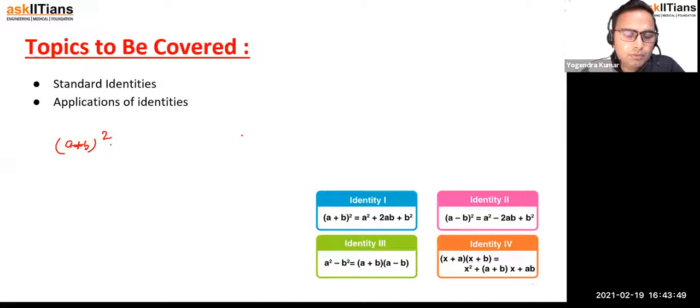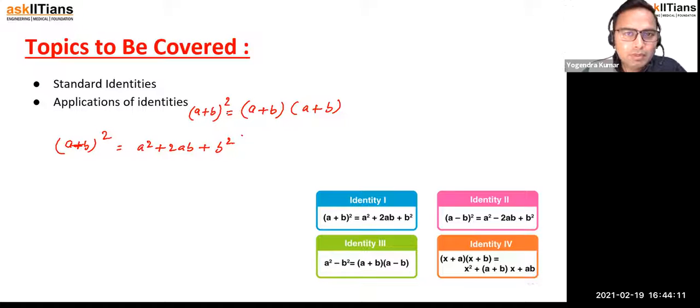A plus b whole square is what? A square plus 2ab plus b square. Now, how does it come? We have seen in the last lecture how we multiply a binomial by another binomial. So a plus b whole square is nothing but a plus b into a plus b.